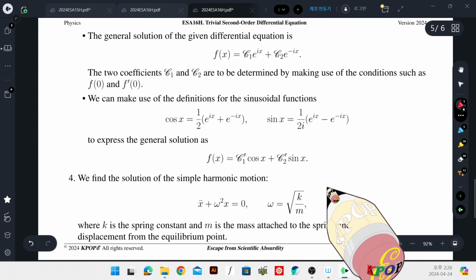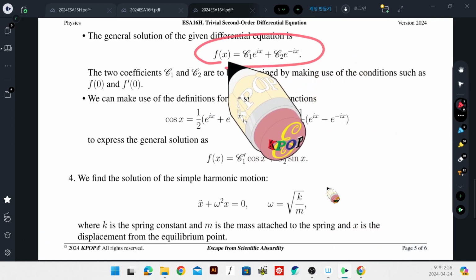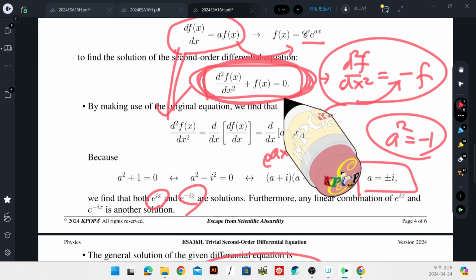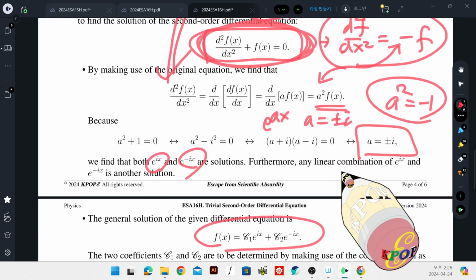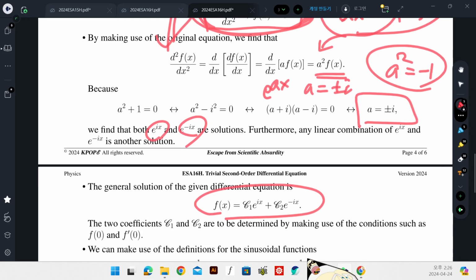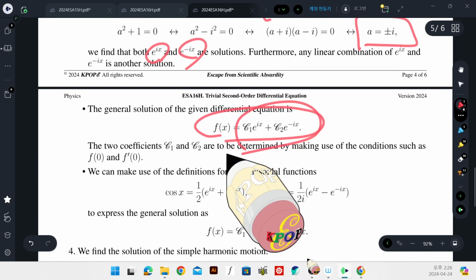As a result, the general solution of the second order differential equation, this is a trivial one, is either exponential ix or exponential minus ix or their linear combination. The most general form is this.